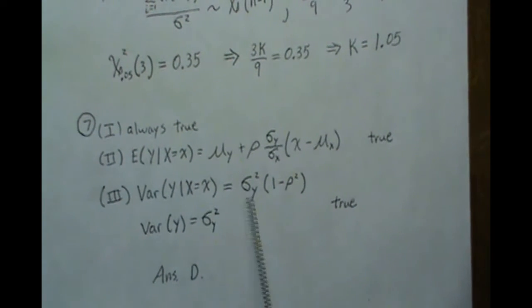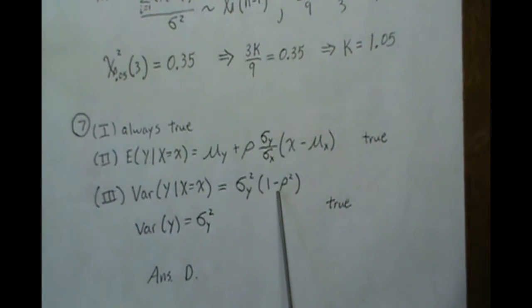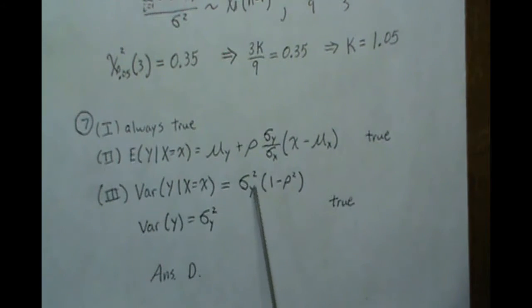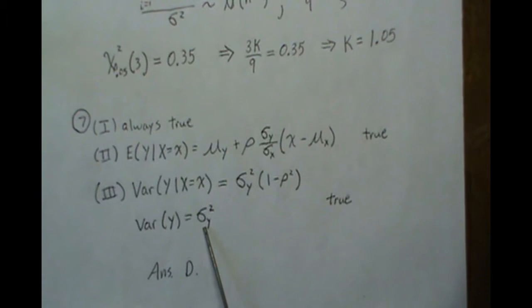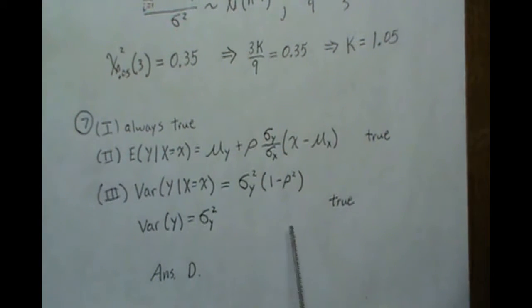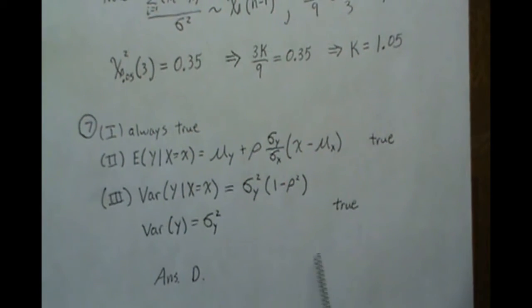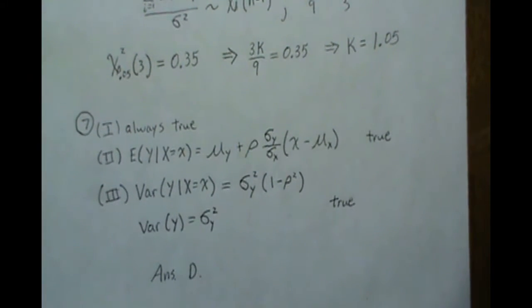So if this is the variance of that, and that's the variance of the unconditional, then since this number is always 1 or less, then this number is always less than that. So it is true. So the answer is D. Oh yeah, 1, 2, and 3 are all true.